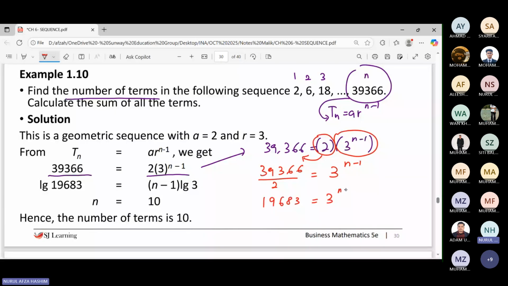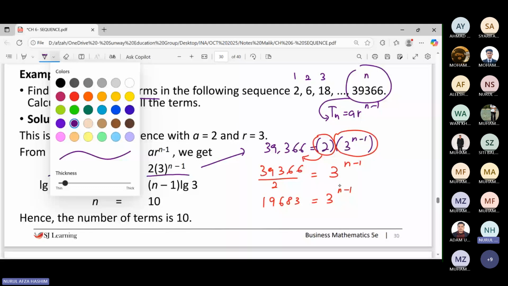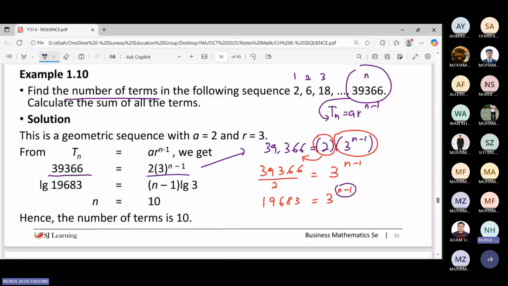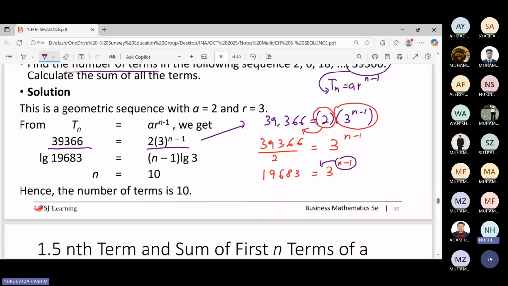Okay, this one is an index. When you want to bring the index down as a normal number, you need to introduce log. So what happens? You put log in front of the number 3, so log 3. On the left side, you also introduce log 19,683.